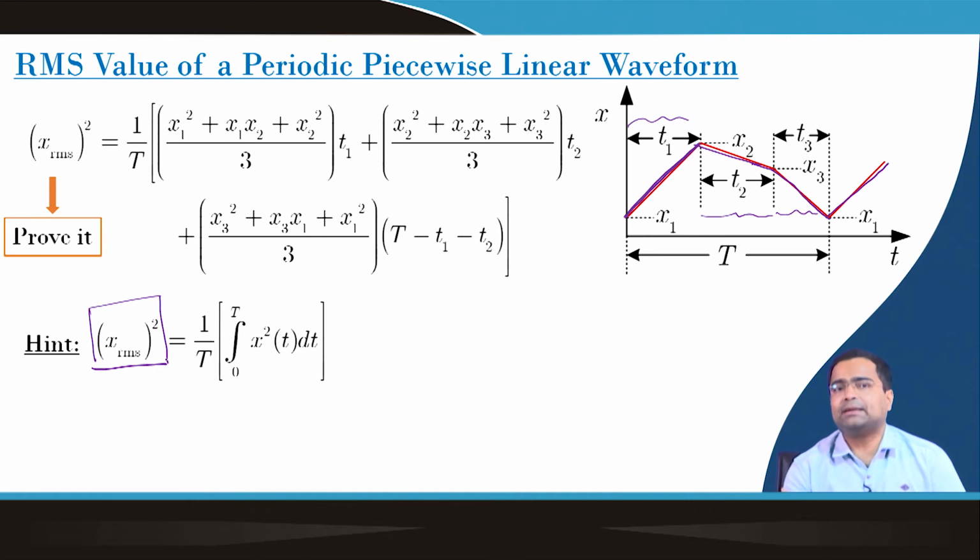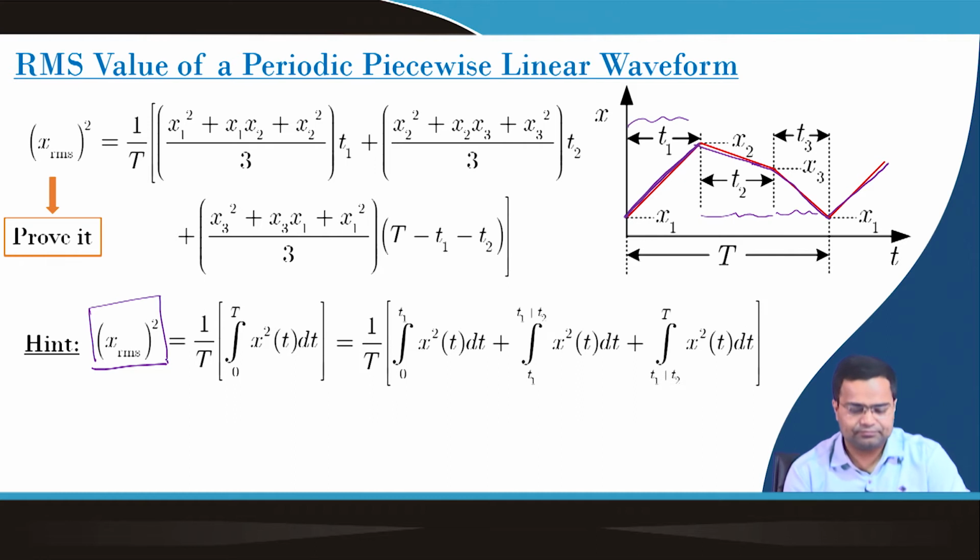As long as we can get a piecewise linear current approximation, we can apply this formula. There can be n number of intervals, it does not matter. As long as it is a periodic waveform and piecewise linear, this is valid.